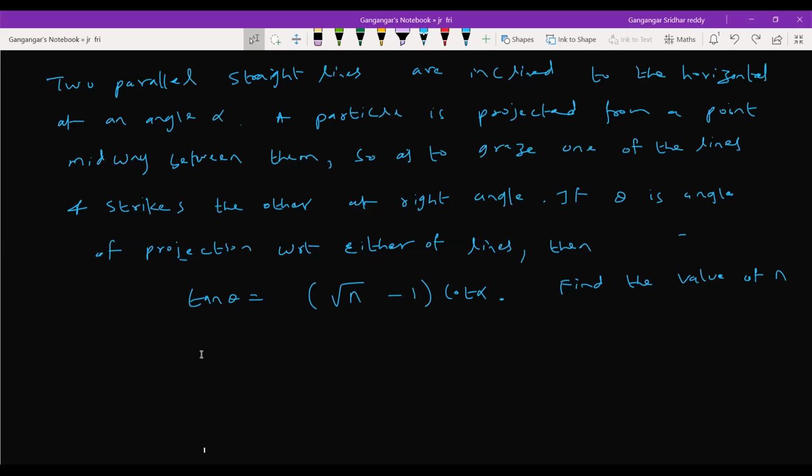So some very important words: graze. So it has to graze one of the lines and strike the other at right angle. I think this sentence is very important in constructing the diagram. Sir, n is 2, sir. We'll see. I'll solve it.